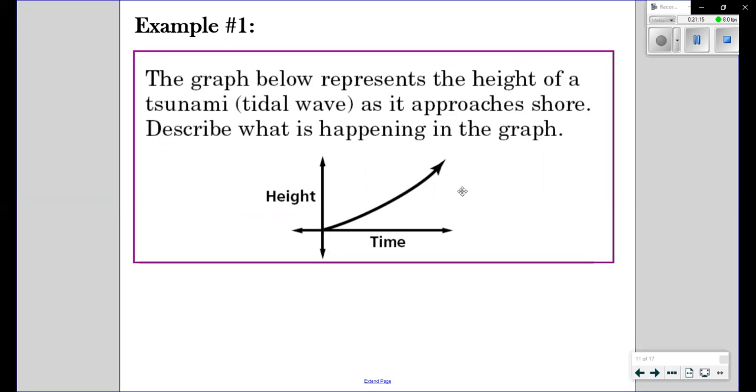So that's how I would describe this graph. As time passed on, 30 minutes, it reached a height of 20 feet. At this point, you see that wave coming towards the shore, you better run. You better be far away before it even hits that height.